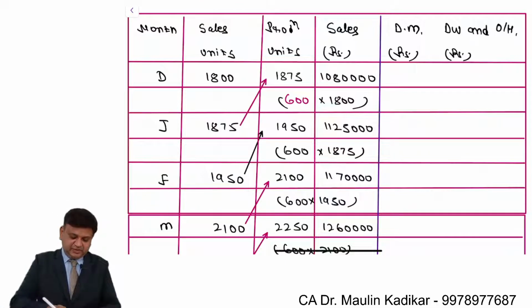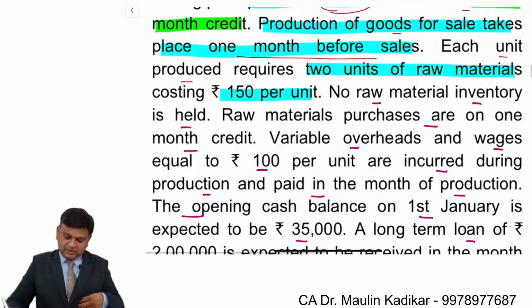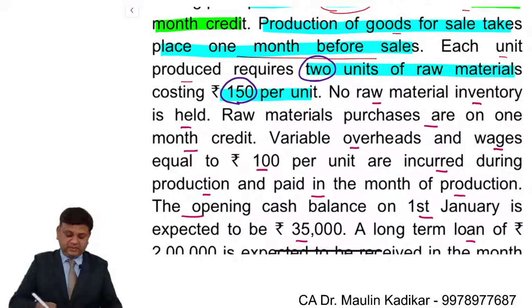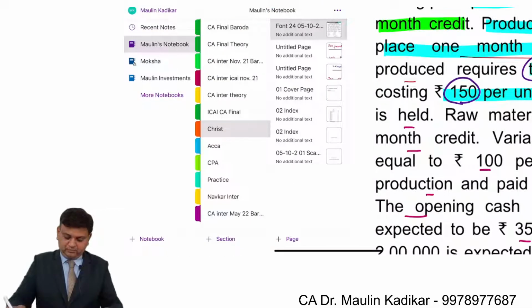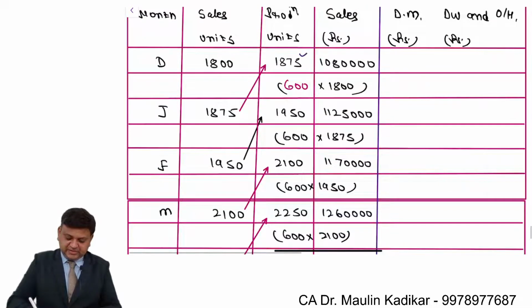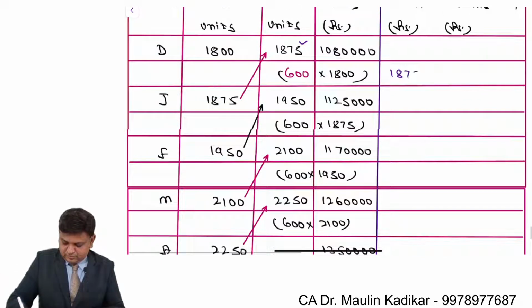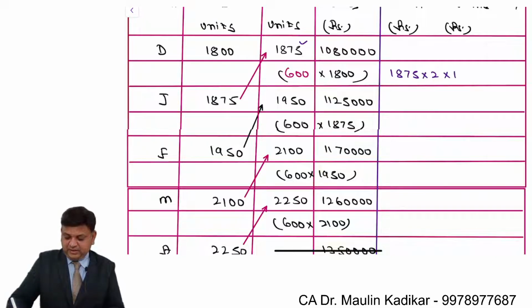Next is the cost of the direct material. The question says that the cost is 150 rupees and each unit produced requires 2 units of raw material. So we understand like this, that production is 1875 into 2, this is the number of units required for the raw material, into 150.